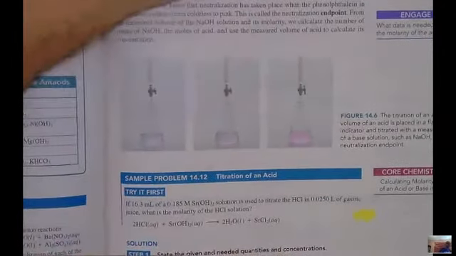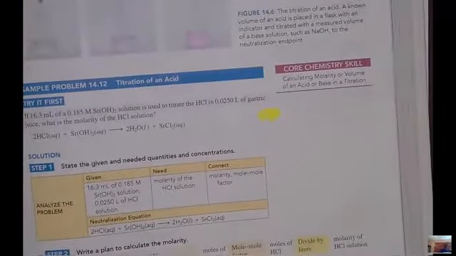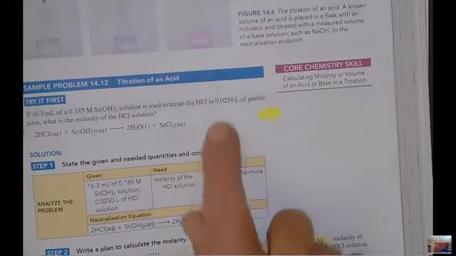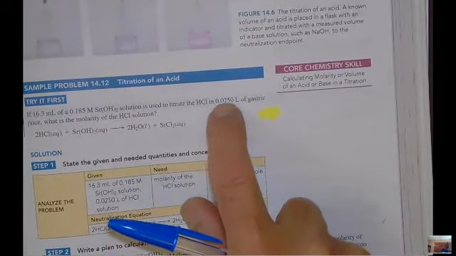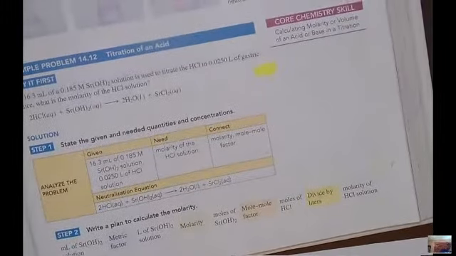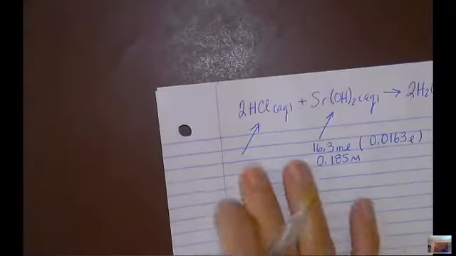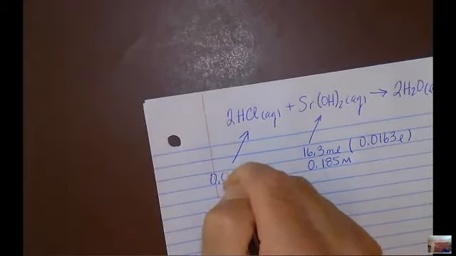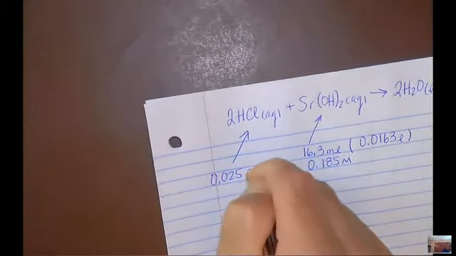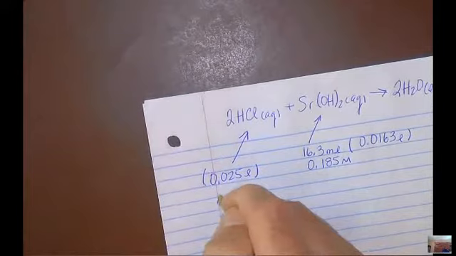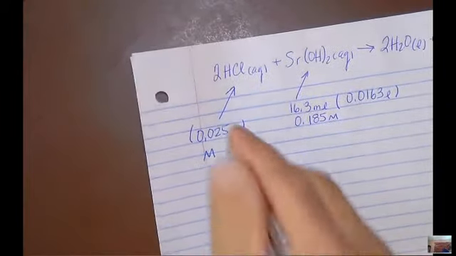So how much of the gastric juice did you start with? 0.0250 liters. So I know its volume, but I don't know its concentration. Okay? And what do we want for this guy? We want the molarity of this.